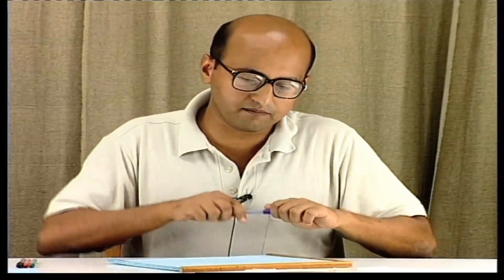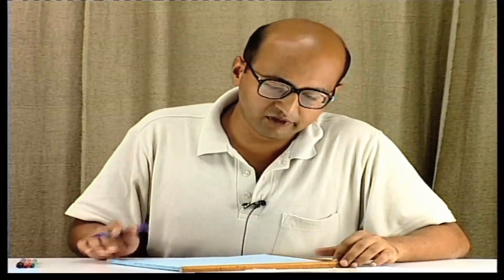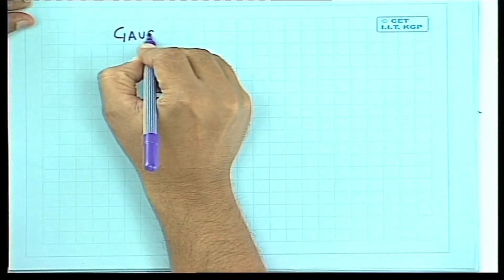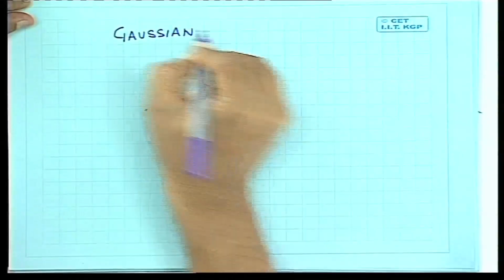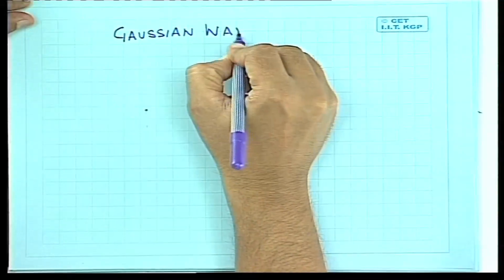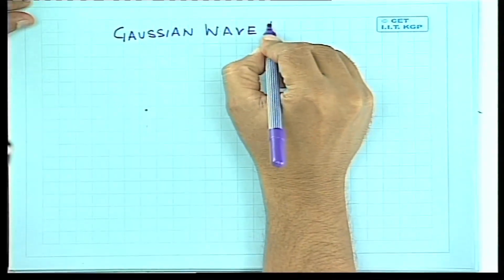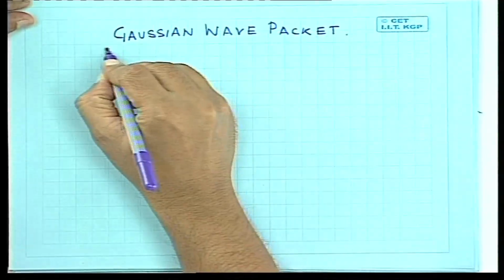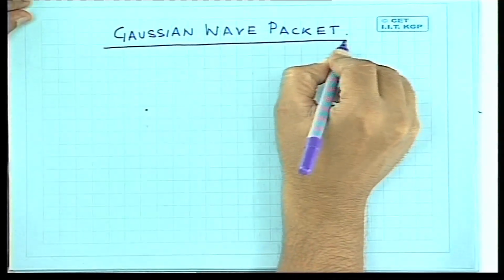So we shall deal with a wave function which is commonly used, which is called a Gaussian wave packet, which is a particular form of the wave function.